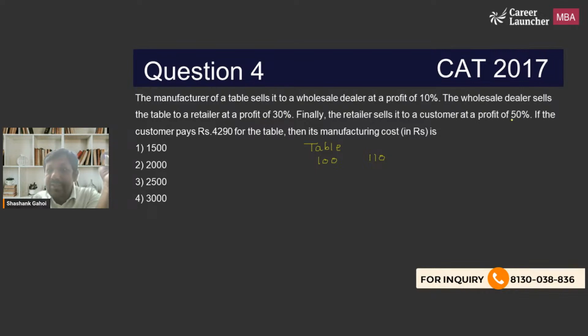Finally, retailer sells it at a profit of 50%. Then the customer pays 4290 for the table. Find the manufacturing cost. Okay. So this is not needed. So let's assume the cost of table for the wholesaler is X. Now he's generating a profit of 10%. He's selling it to the dealer. So this is going to be selling price of the manufacturer as well as cost price of the wholesale dealer.